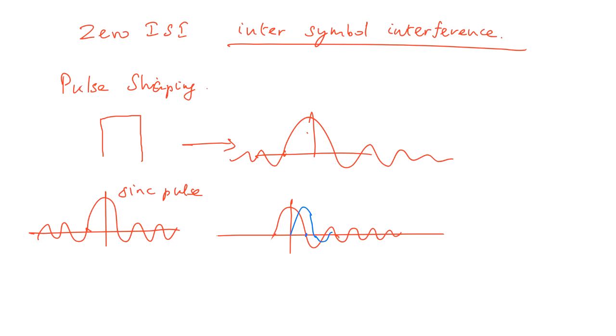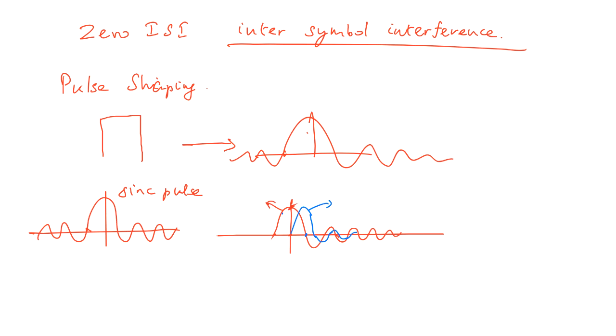So if you see now, the red one is one symbol, and the blue one is another symbol. The way they are arranged is that when the red is going through zero, the blue is going through its peak, and when the blue is going through zero, the red is at its peak.